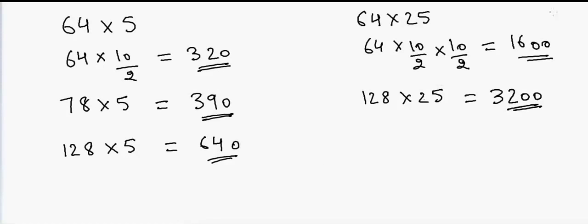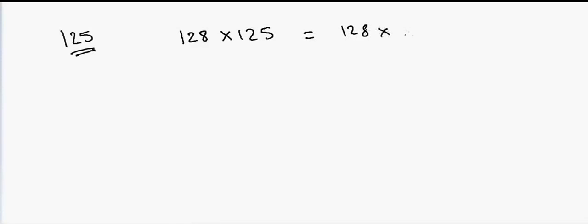Again, let's go to one more trick. If we have to multiply by 125, how do I multiply by 125? I'll take the example 128 multiplied by 125. That can be written as 128 into 10 by 2 into 10 by 2 into 10 by 2. So we have to divide 128 by 2 three times, or we can divide it by 8.